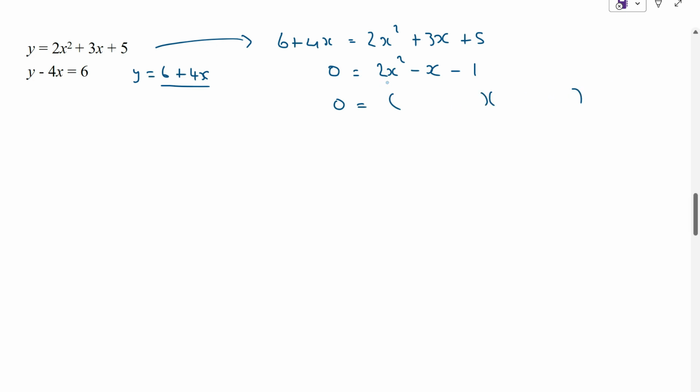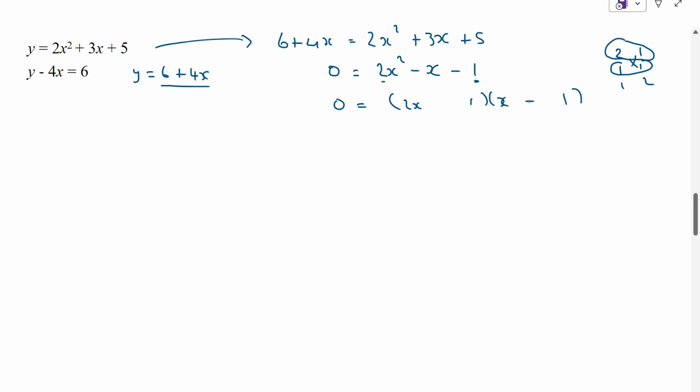So two numbers are multiplied to give us a and two numbers that multiply to give us c. 2 and 1, 1 and 1, cross multiply. 2 and 1, 2 minus 1. So yeah, this looks like our two brackets. So we got 2x and 1 and 1x and 1.